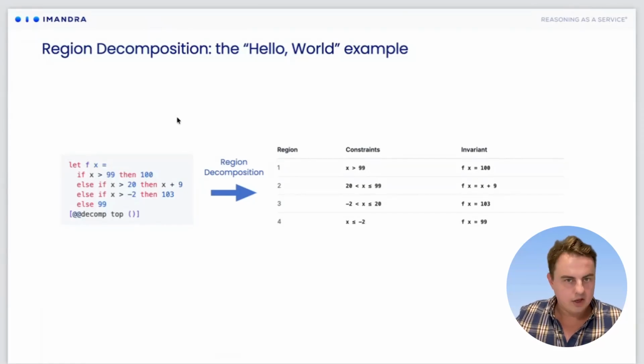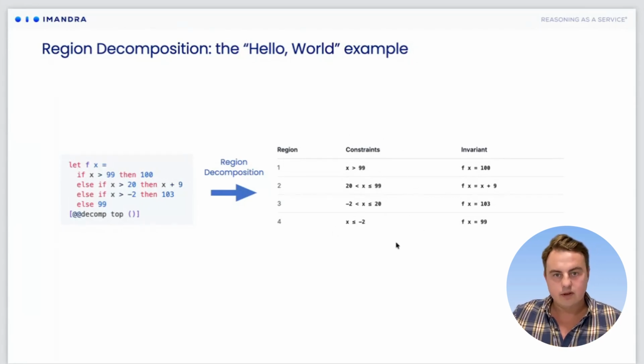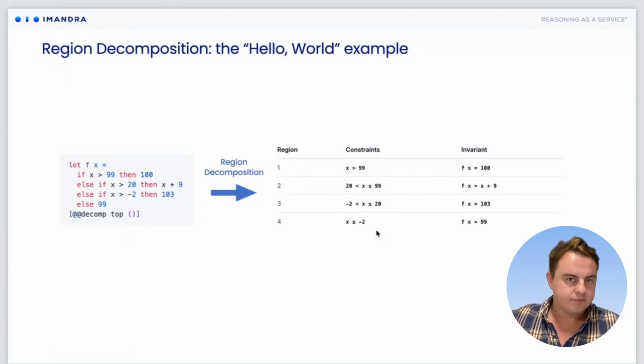And typically a human will look at this and say, okay, well, obviously there are 4 edge cases here, and that's what we're going to get if we run region decomposition on this. We'll get these 4 regions, and you can see these constraints are non-overlapping, and together they give you the full minus infinity to plus infinity for X as input. Okay, so this is the hello world.